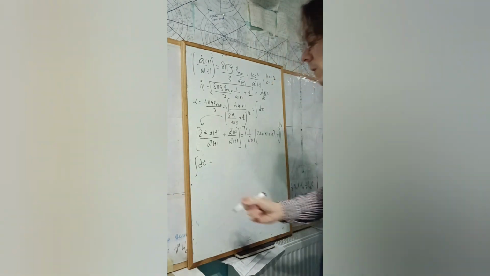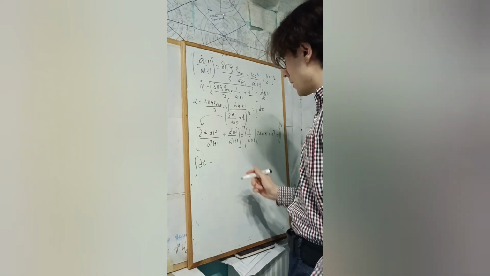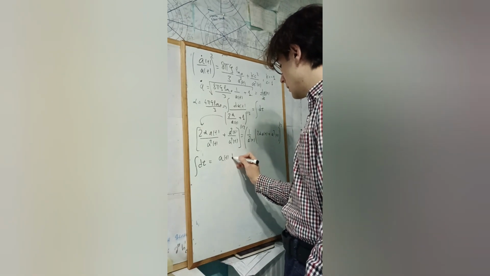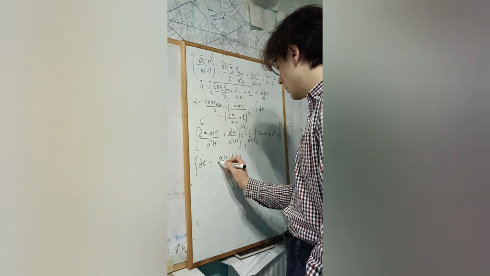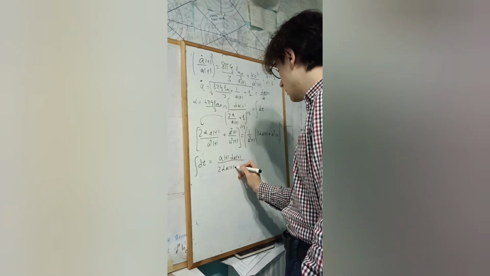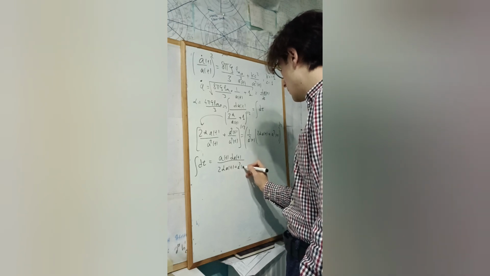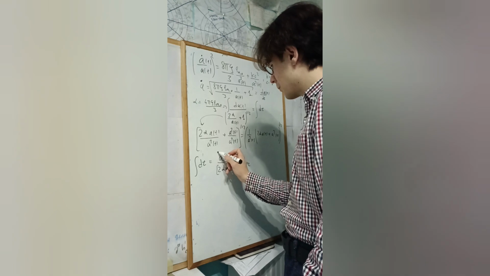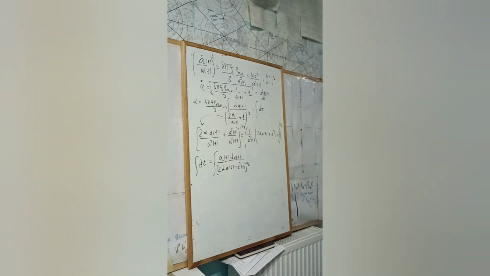So dt equals, I will introduce conformal time a minute afterwards, a of t dA of t divided by the square root of 2 alpha a of t plus a squared of t. Okay, this is my integral right now.